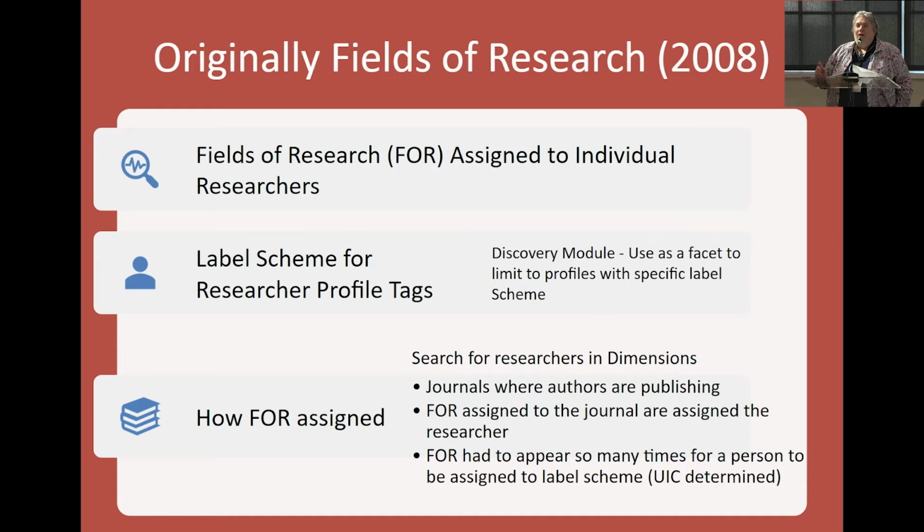And the FOR codes then are used to assign that researcher profile tag. And the institution decides how many times the FOR term needs to appear in order for it to be assigned as a label scheme.